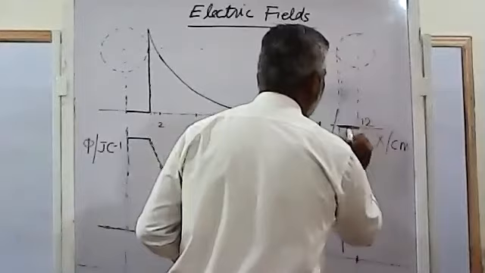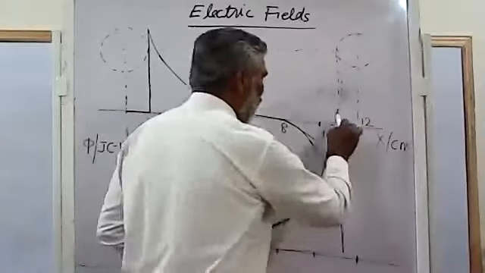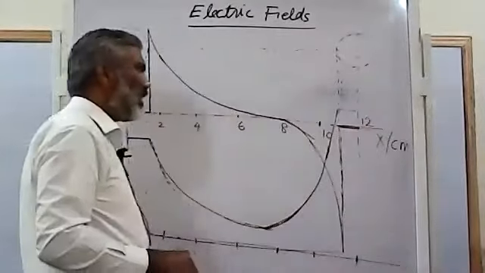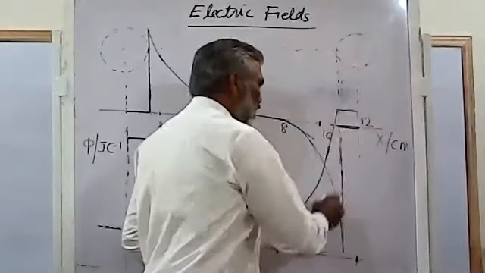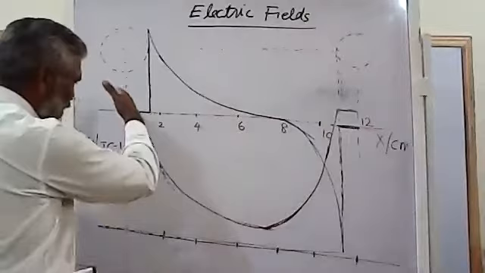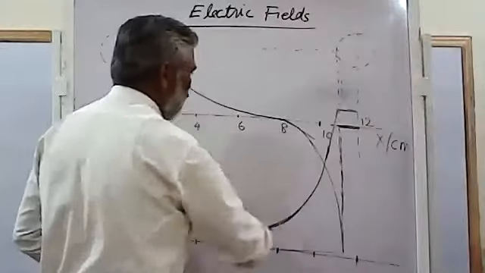So in this space where E was 0, phi is constant. So you have a curve like this.